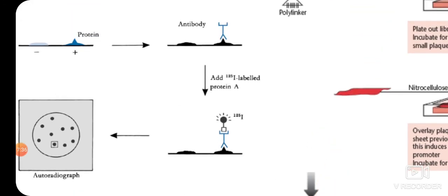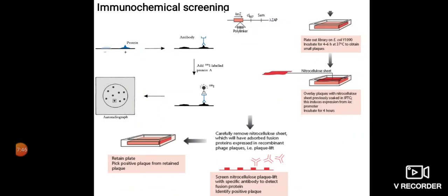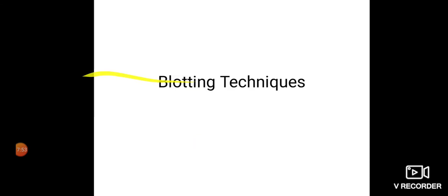The same thing has been shown here by using autoradiography with I-125. Okay, so this is the immunochemical screening method. It's one of the methods for screening for proteins, in the case of expression vectors, if the recombinant DNA vector is an expression vector.